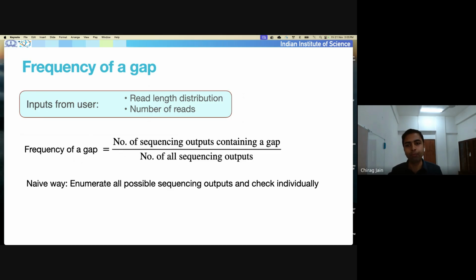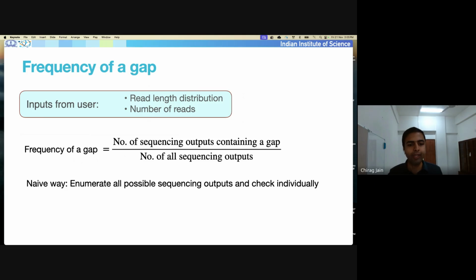But the problem here with the calculation of this formula is that if we consider millions of reads, and each read can be sampled from any of the billion characters on the genome, this leads to an exponential number of possibilities in which sequencing can happen. So checking all of these exponential number of sequencing outputs will be computationally prohibitive.